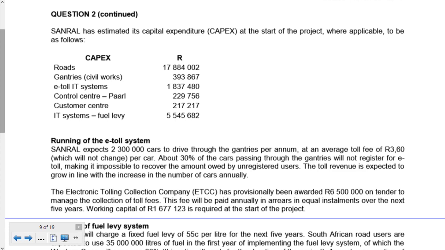Let me see. They tell you what the life is of it. They say they're hoping to recover the money over a period of 5 years. Okay, so this is what your picture should look like. You should have e-toll on one side, and you should have levy on the other, increased levy on the other.